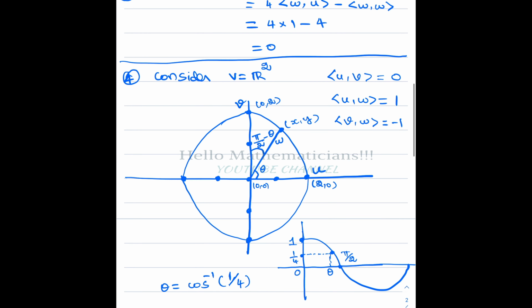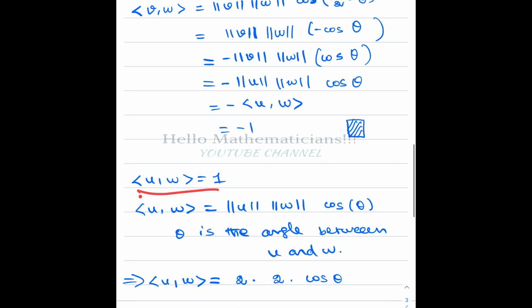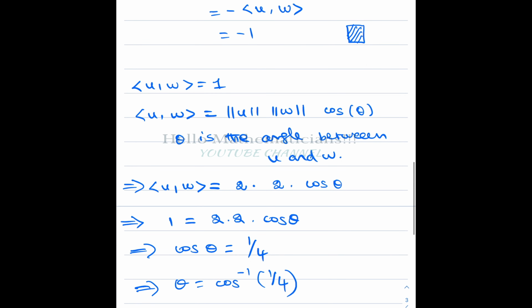From the given condition U comma W equals 1, we find theta so that we can explicitly say what W is. This condition, U comma W equals 1, says that the angle theta between U and W has to be cos inverse of 1 by 4.